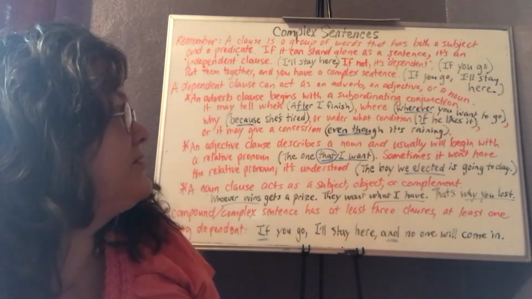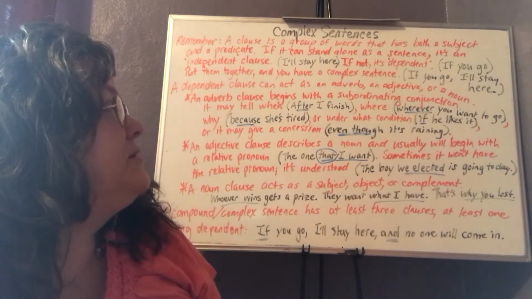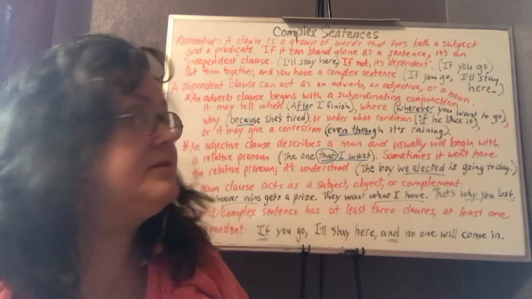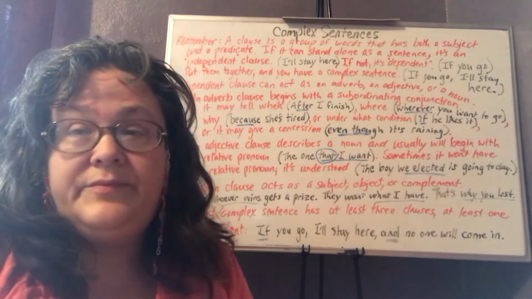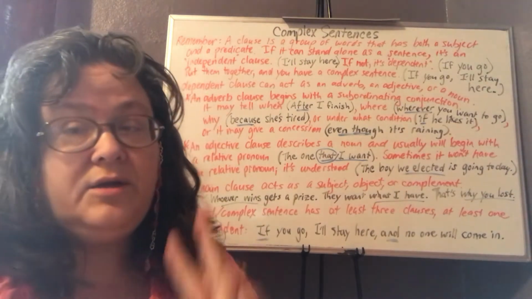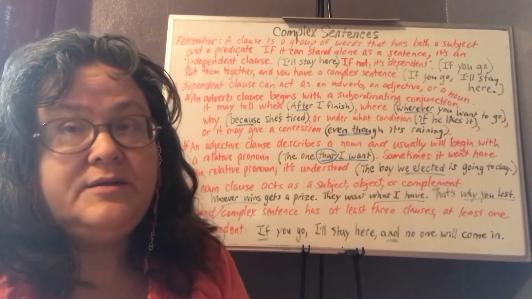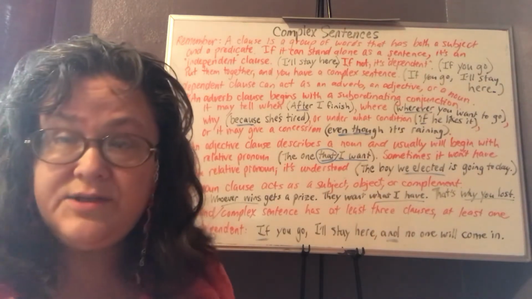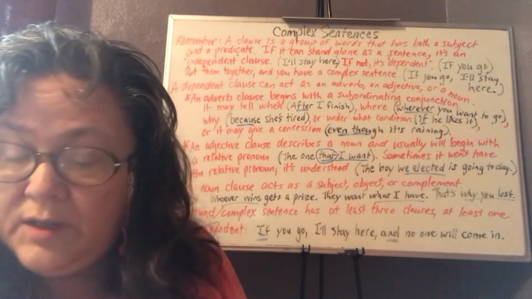If it cannot stand alone as a sentence, it's a dependent clause. If you go. If you go has a subject, you, and a predicate, go, but it is not independent because of the word if.